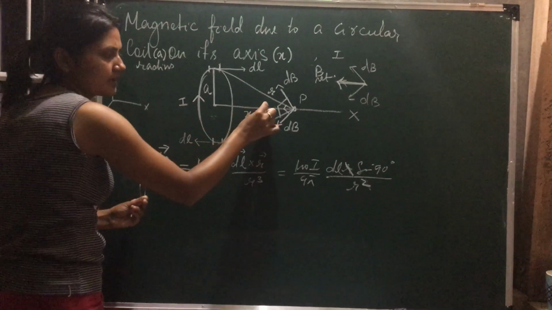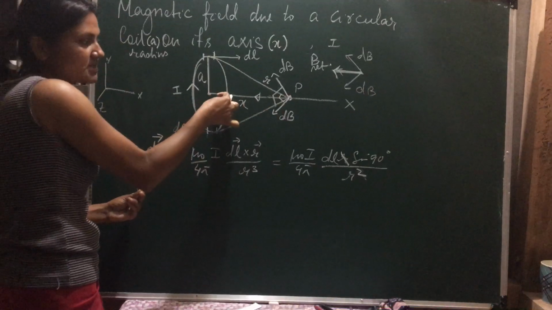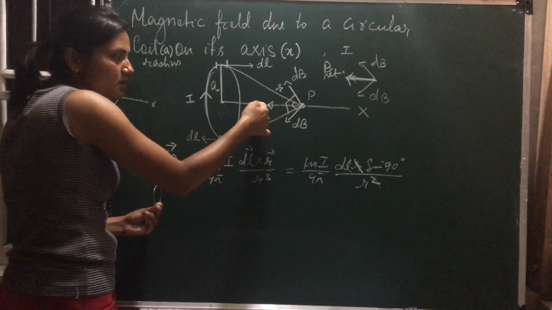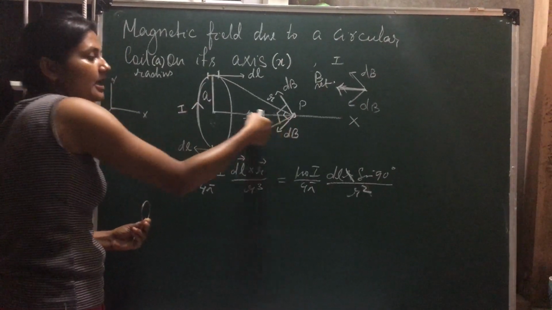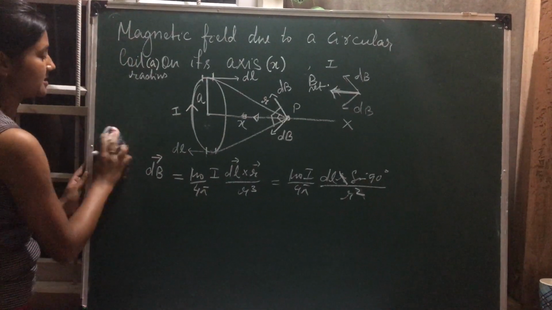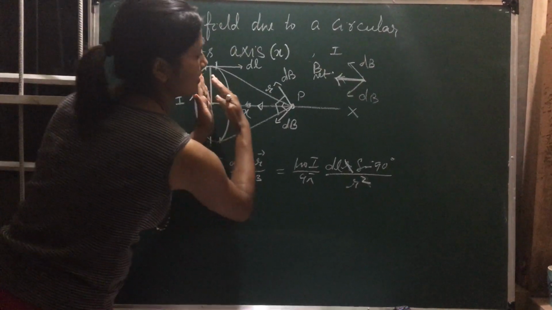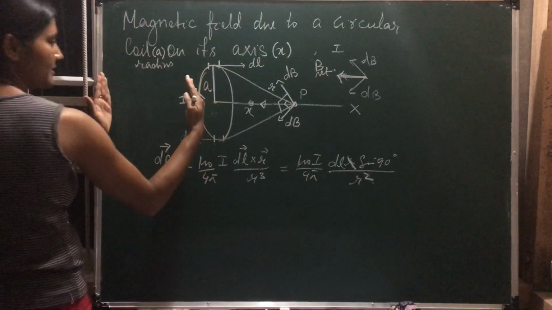Okay, so the magnetic field is across here. If I choose for this point also, magnetic field is like this. If I choose for this also, magnetic field is on the axis in one direction. Now let's take this point, opposite side. I have chosen the right side. Let us choose the left side.